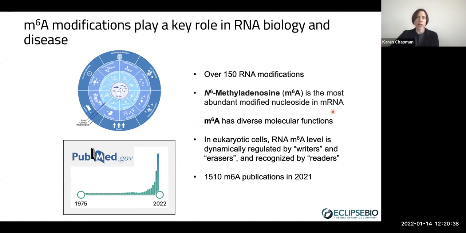And I think that really is a reflection of the tools that are available and our ability to look at what M6A is up to. And this diagram just gives you a sense of the areas of biology where M6A has been implicated. It's basically implicated in development, disease, and all sorts of aspects of RNA regulation.